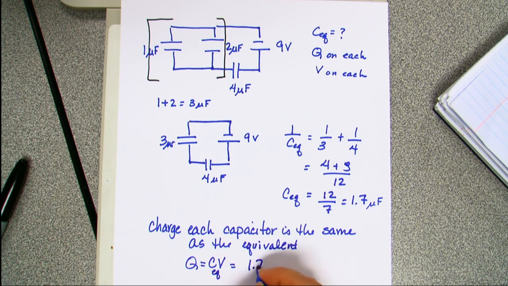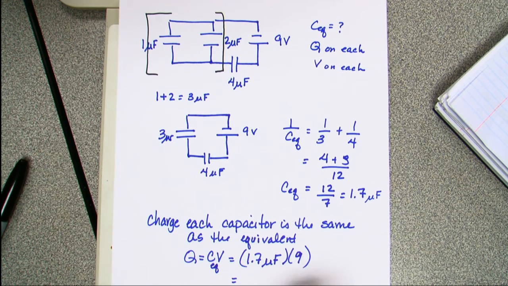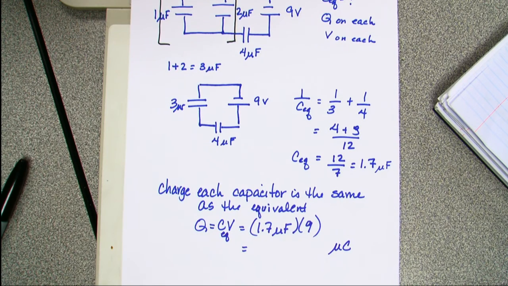So that's going to be 1.7 microfarads times 9 volts. I'm going to end up in microcoulombs, just so that you're keeping track, so you don't necessarily have to punch things in. And that's going to give me 15.3 microcoulombs.